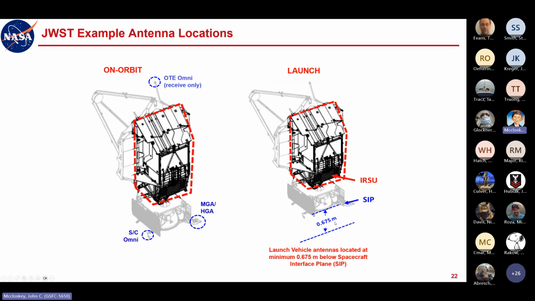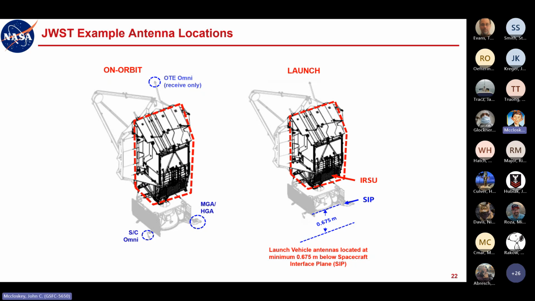No, excuse me, 67.5 centimeters. Let me just read what's on here. 0.675 meters below the spacecraft interface plane. Okay, a well-defined document should be very explicit where they want you to measure those.